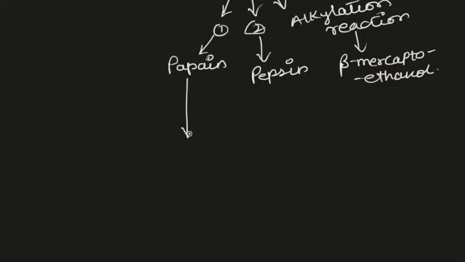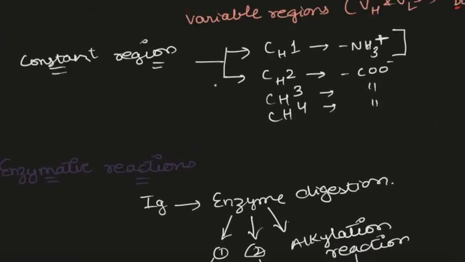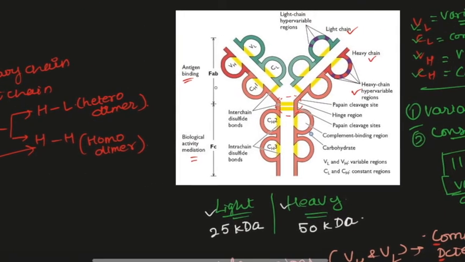So whenever we react an immunoglobulin with papain, we will get 2 FAB regions plus 1 FC region.